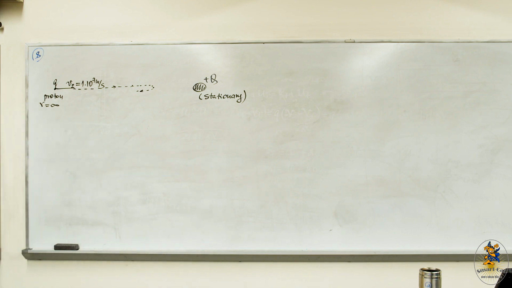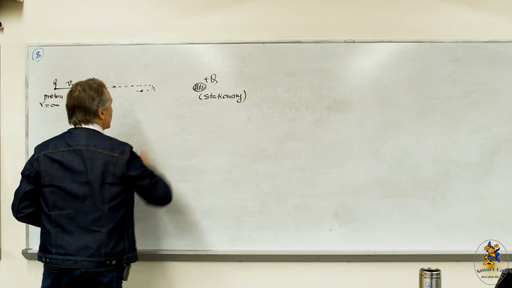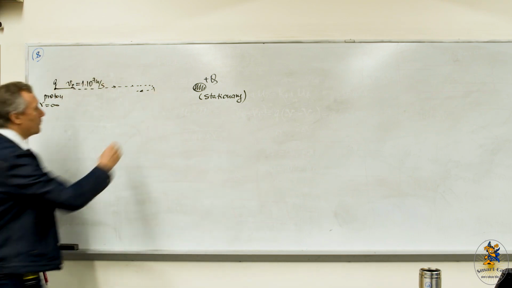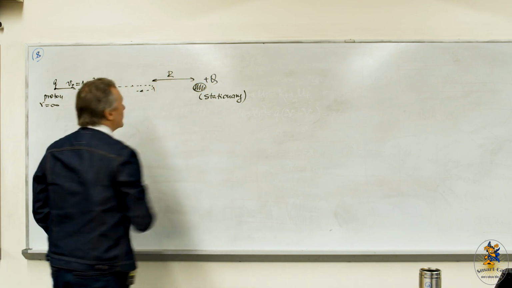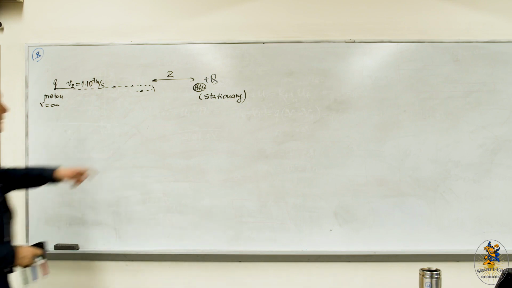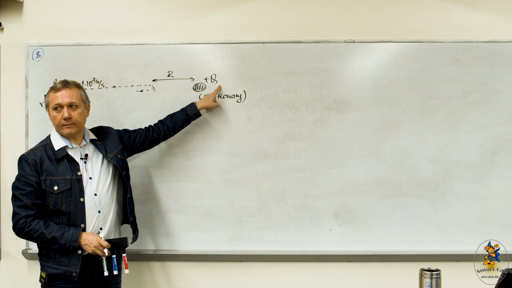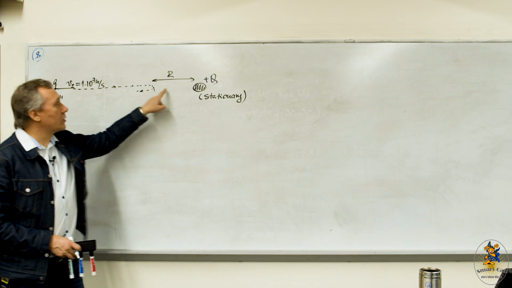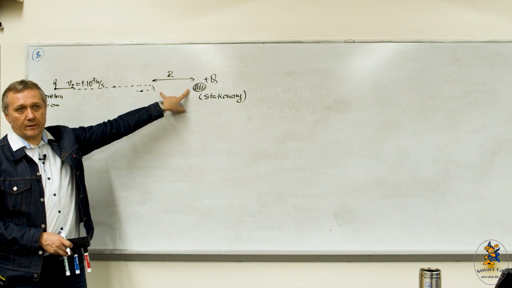So for whatever reasons, let's say we don't want this proton to cross a certain distance. Let's say we don't want that proton to get closer than the distance r from this positive charge Q capital. So essentially, we want to calculate how much charge should be over here so that the proton would stop and turn around at a given distance r.